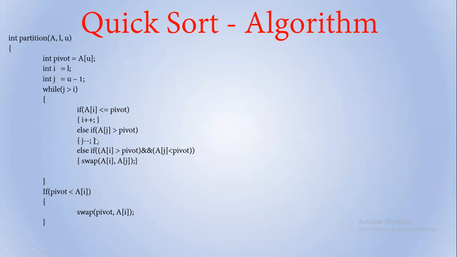So what we are going to do in this partition algorithm is select a pivot value. Pivot value is the last element value.